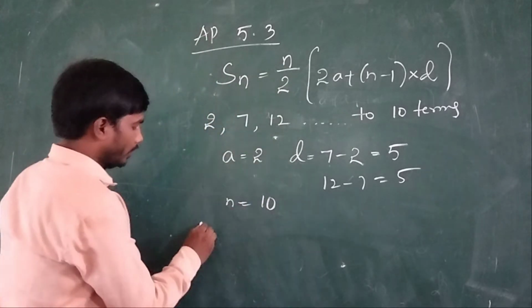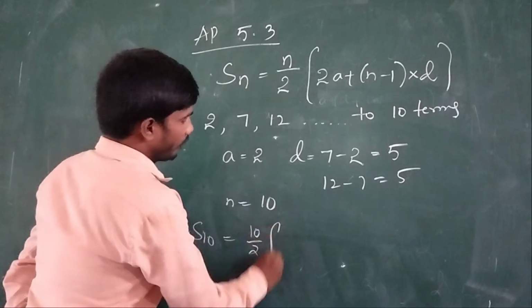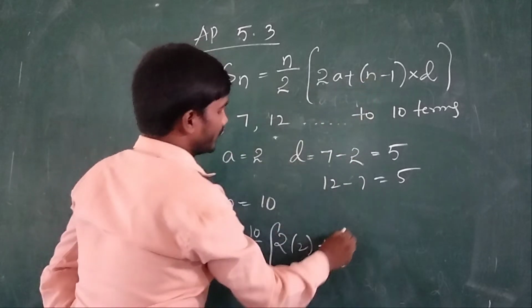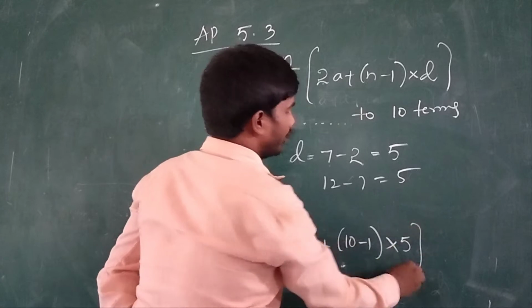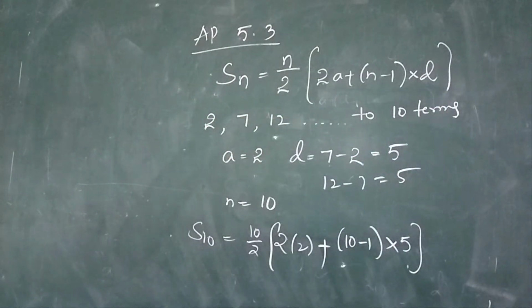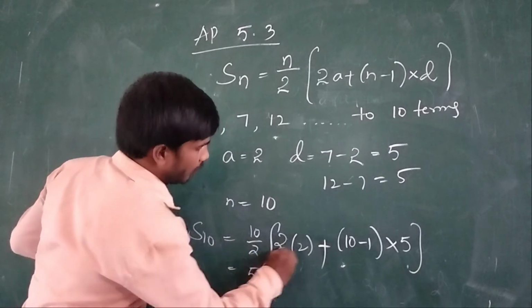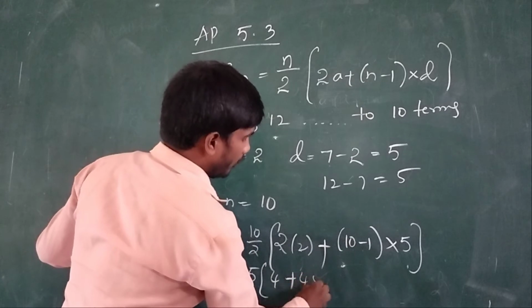So substitute: the sum of the first 10 terms is equal to 10 by 2 into 2a, that is 2 into 2, plus n minus 1, 10 minus 1, into d, the common difference, that is 5. 10 by 2 is 5, so 5 into 2 times 2 is 4, plus 10 minus 1, 9, into 5, 45.